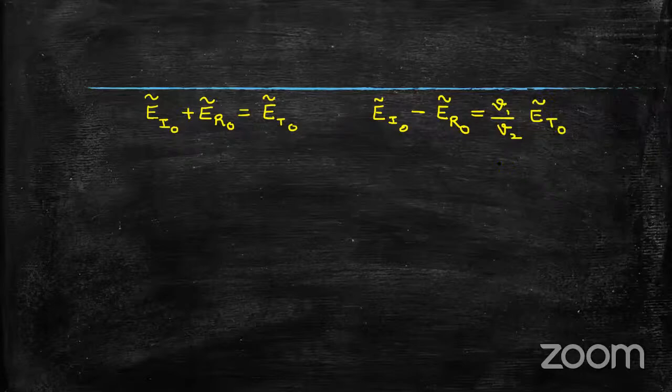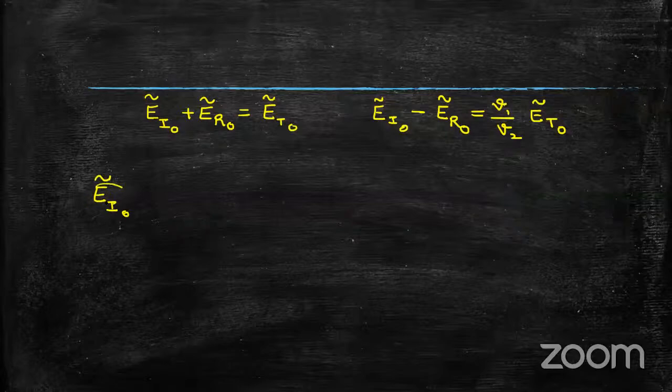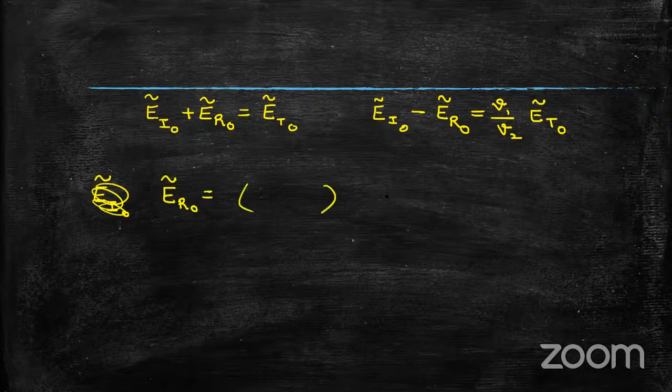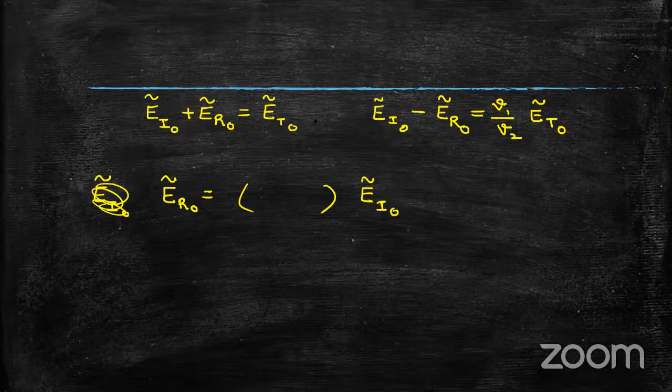We can solve this equation. Can anyone just solve this equation and tell me? Basically what we want is E_R0, sorry, my mistake, and that should be as a function of E_I0, because E_I0 is something which is always in our hand. So suppose we subtract these two equations.